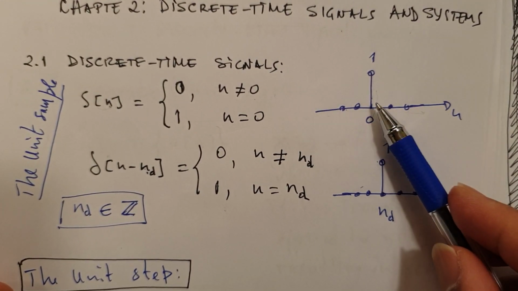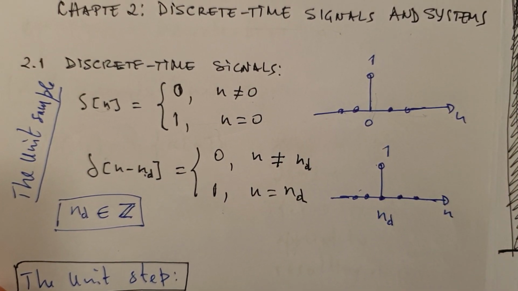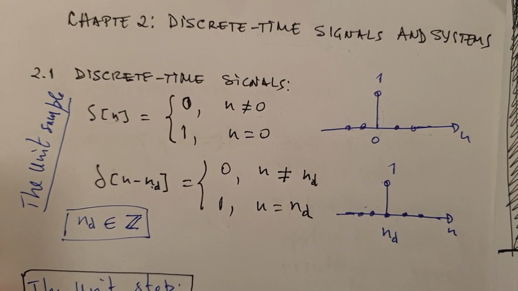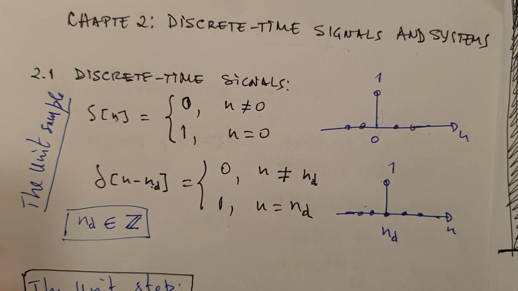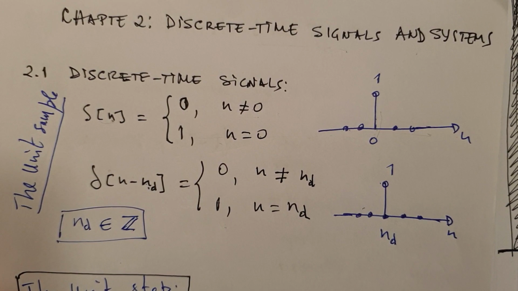So an impulse like this, if you provide this kind of input to the system, it will give you a response or an output that we just call the impulse response, because it's the response of the system when the input is an impulse.